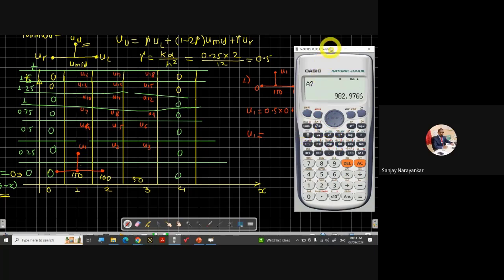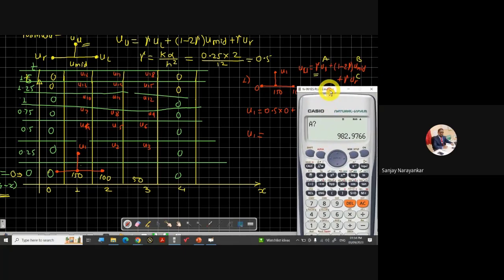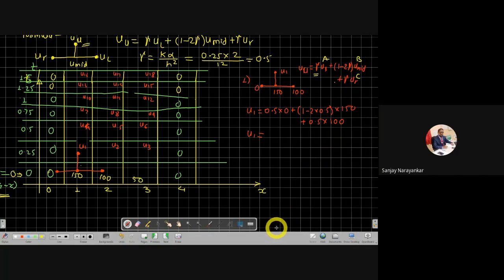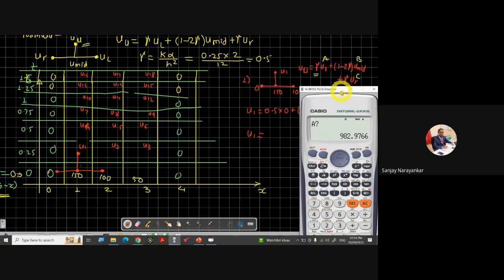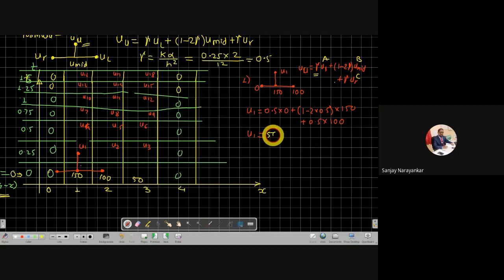Just calculate. A value is 0, B value is 150, the middle value, C value is 100. You will get the value 50. So you can write this 50 here.